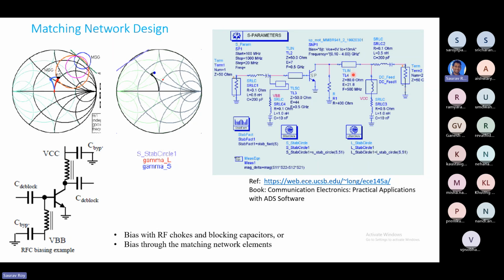Now that you add here, you have to bias. How do you bias here? You add a choke here. See at the load side, you add a choke, this one, and a bypass capacitor. This is the bypass capacitor which has been represented as a RLC equivalent, which is this one, and the DC block here, because the DC should come only this side, right?